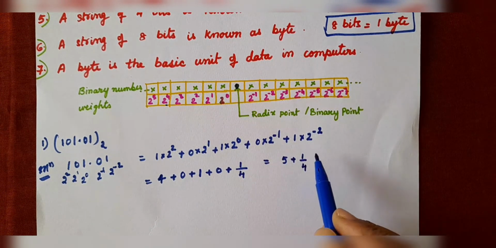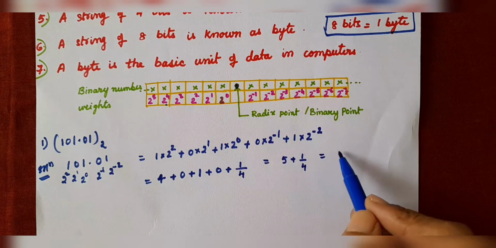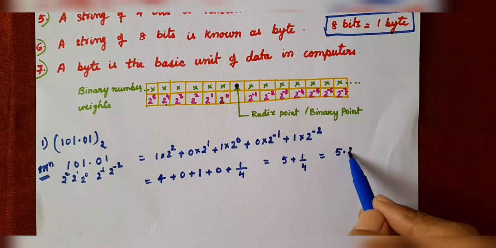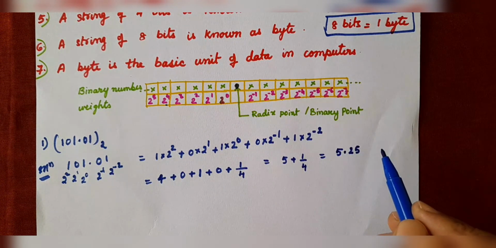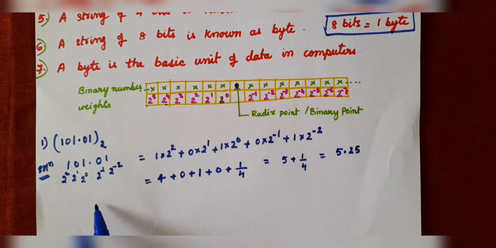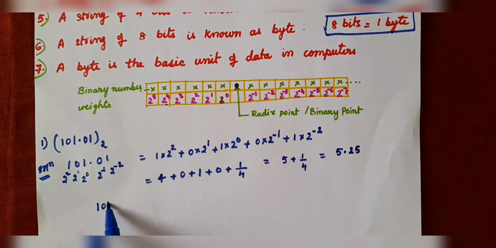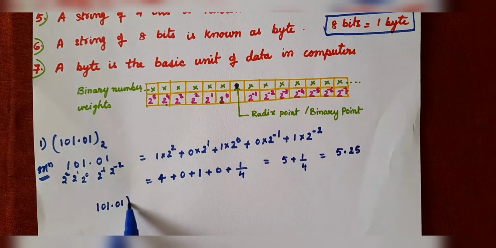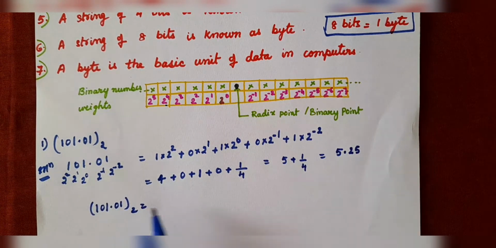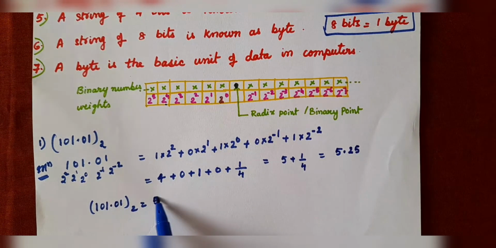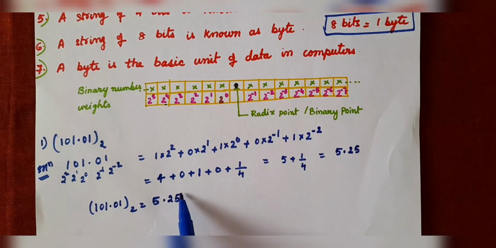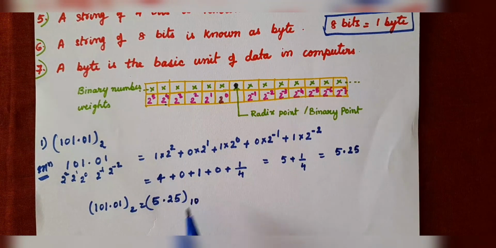On simplifying, you will get the answer as 5.25. Okay. So you have converted the binary number 101.01 to 5.25 in decimal. Okay. Let us do another problem.